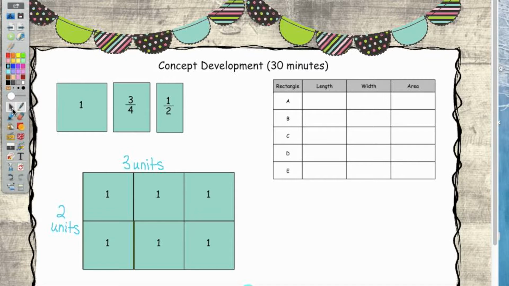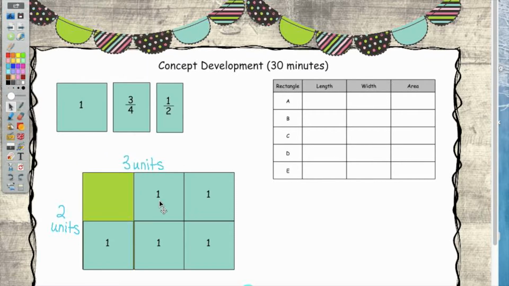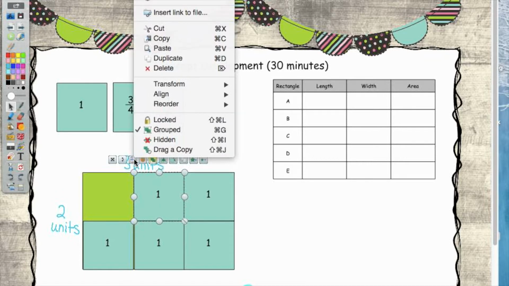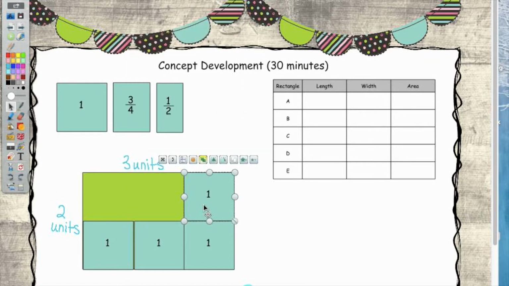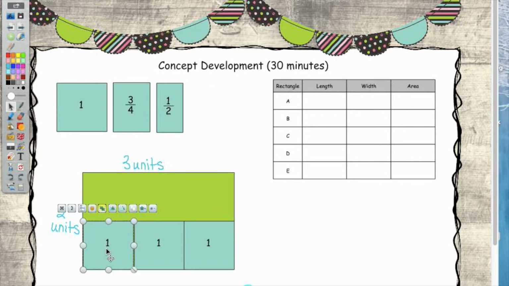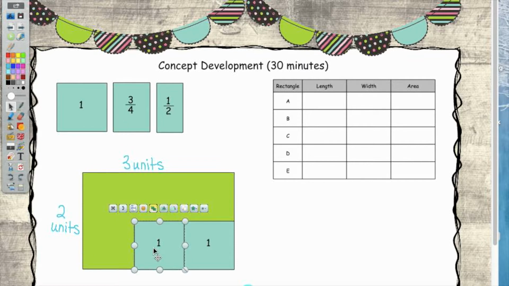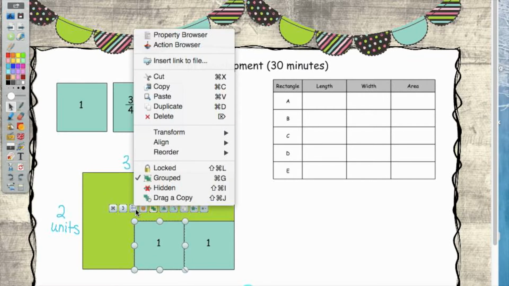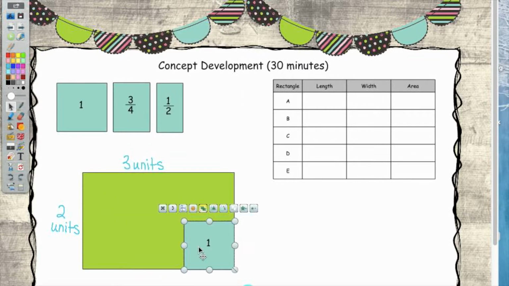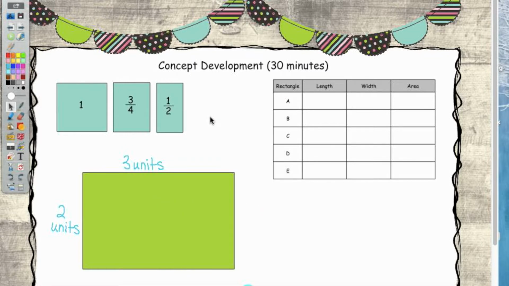And I can even do that if my square units were gone, couldn't I? As long as I have my rectangle labeled, as long as I know my lengths. And today we don't know if it's inches or what it is, so we're just going with what is written down.